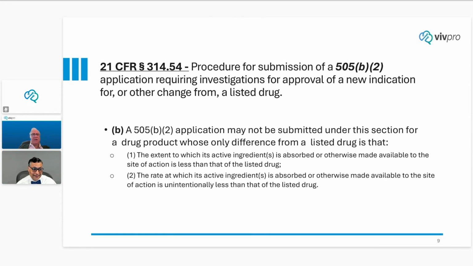Unless the drug is approved in the US, then you can maybe go through the 505(b)(2). But if it's never approved, it's a brand new drug basically. Even drugs that are approved in other countries but not approved in the US are still considered unapproved drugs.